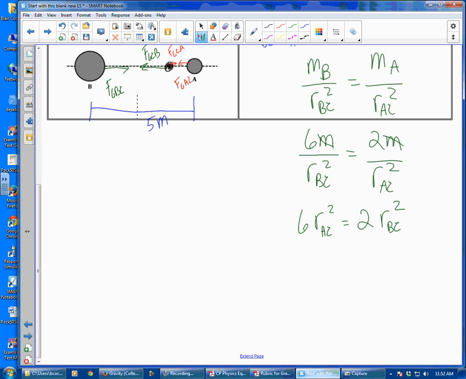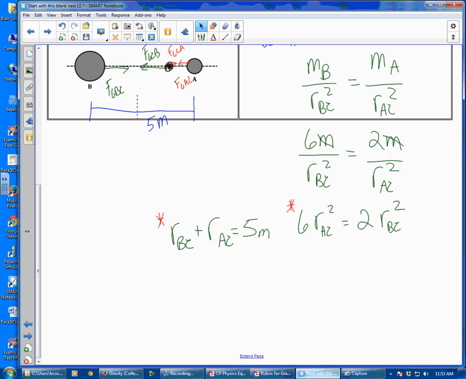And what was that other equation I had? It was RBC plus RAC equaled 5 meters. Right, so I have two equations here, this one and this one, with the same two unknowns.